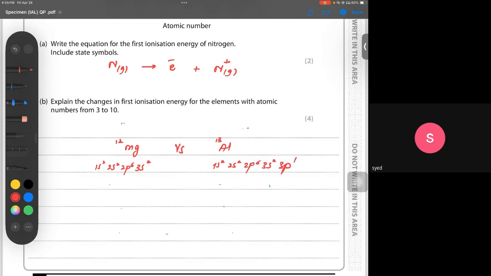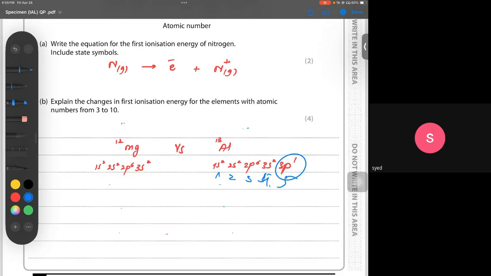If you remove the outer electron of aluminium, it would be removed from the 3p orbital, which is the fifth orbital, further away from the nucleus and loosely attracted towards it.